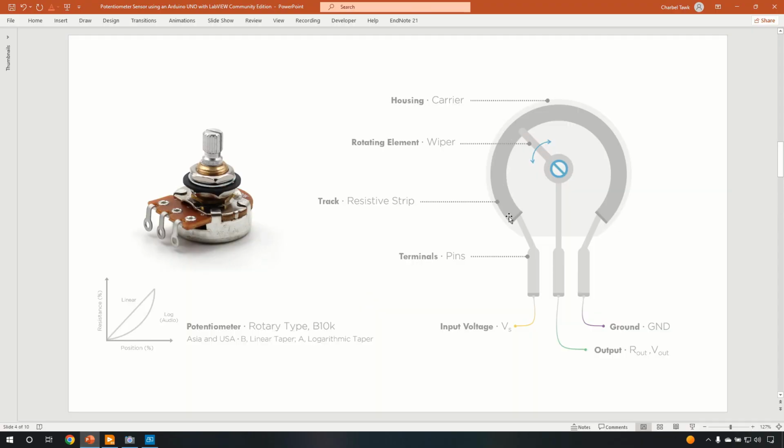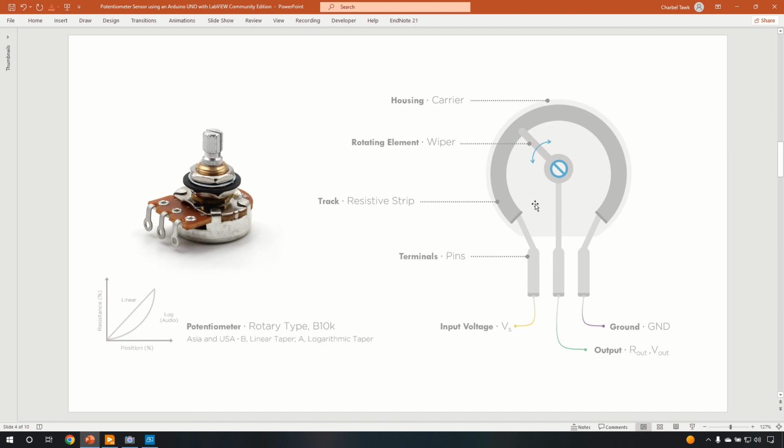Whenever we said here that we can change the effective length of this resistive strip by moving the wiper clockwise and counterclockwise, we are saying effectively that we have here one continuous strip, and this contact point in the middle is just dividing this strip into 2 parts. We have this part and this part.